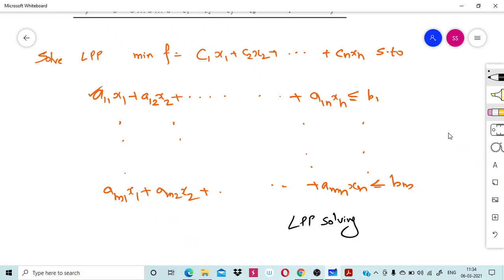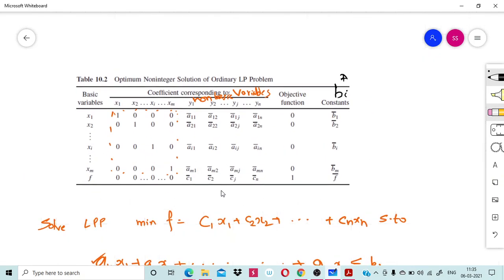Okay, our general method of LPP solving: we will apply our simplex method, or dual simplex method, or two-phase simplex method, and you will reach here. And you found that the solution, which is our b1 bar, b2 bar, b3 bar, etc., x1, x2, x3, etc., are fractions, some 11 by 2, some 7 by 2, some 3 by 2, like that.